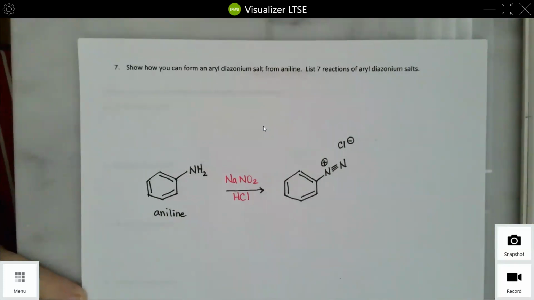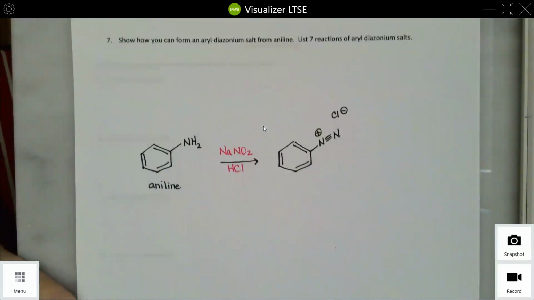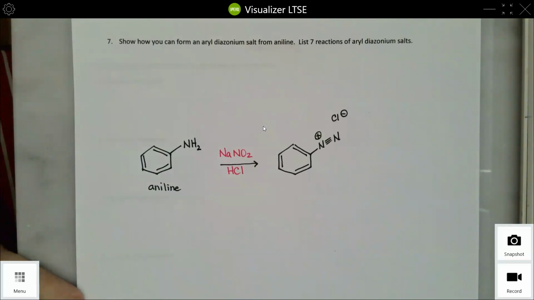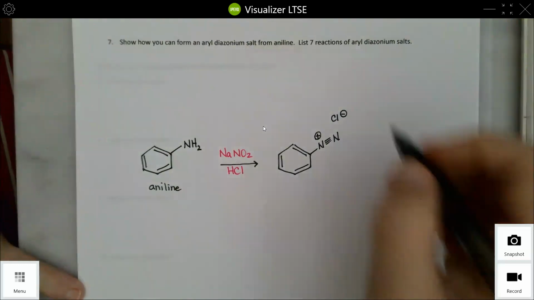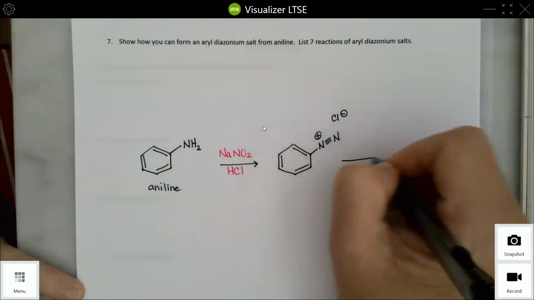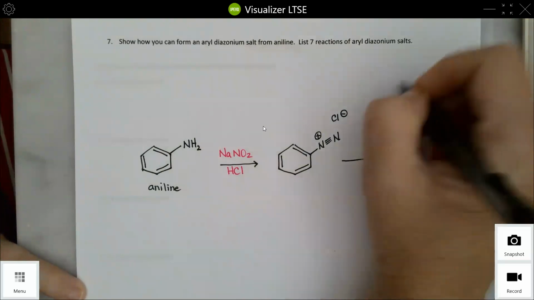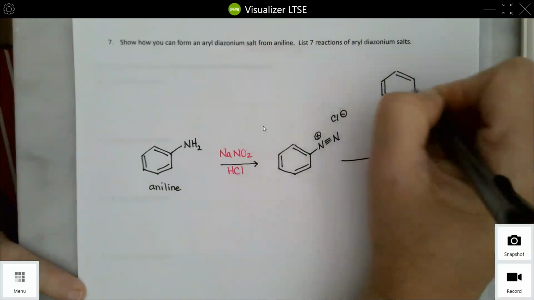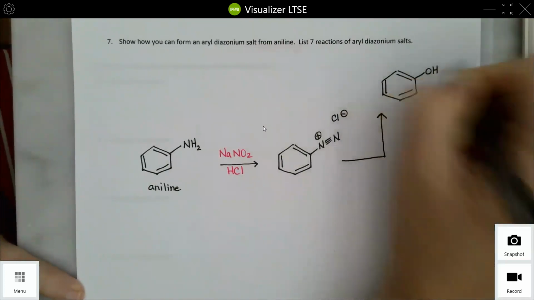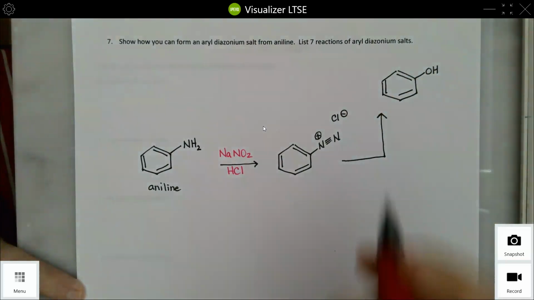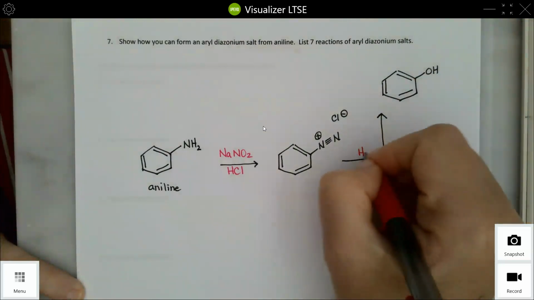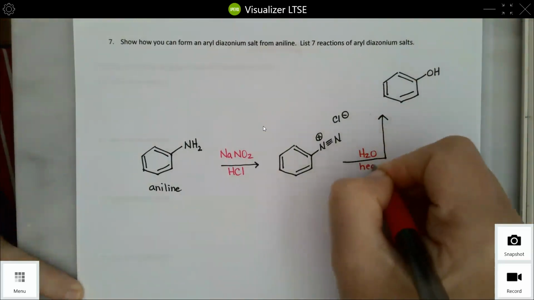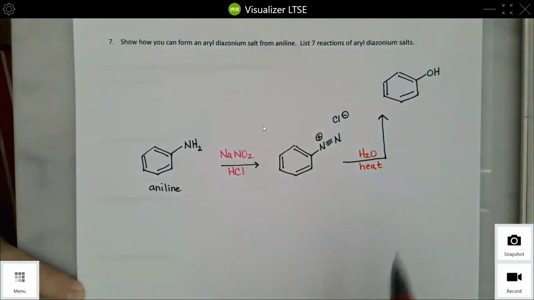And then from here, it says 7 reactions of aryl diazonium salts. So these are lots of different options of things that you can make here, right? So we can form a phenol from water and heat. Heat is sometimes just drawn as a triangle.